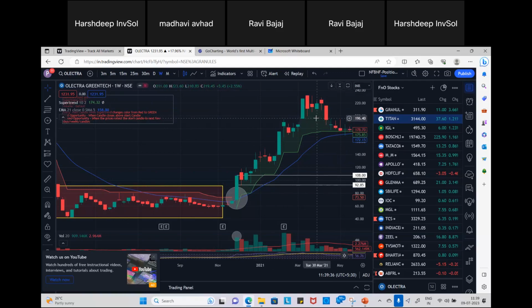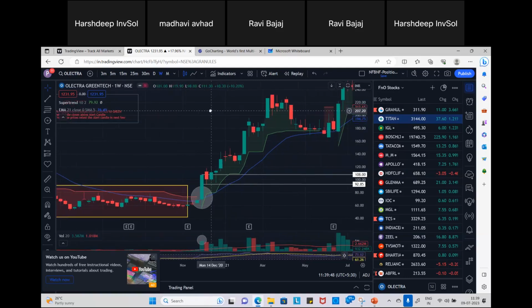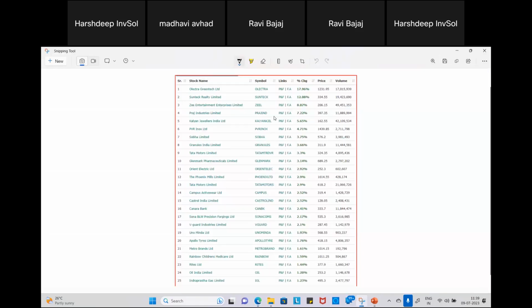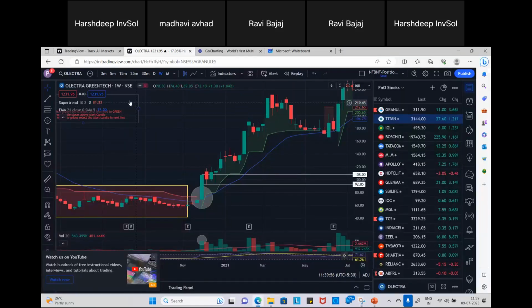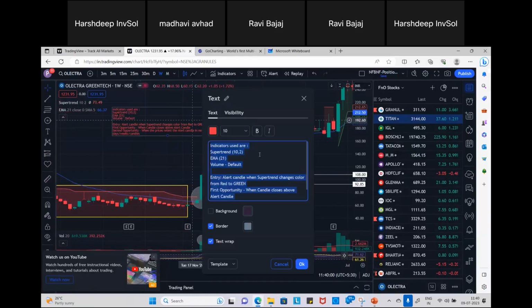Now, where will you exit? There are two ways to exit, in fact three. One, anybody who is comfortable based on the price action can use a price action level exit.